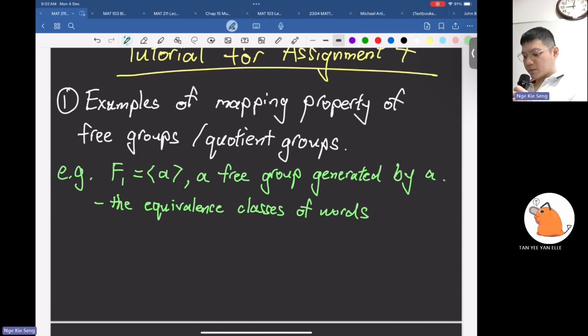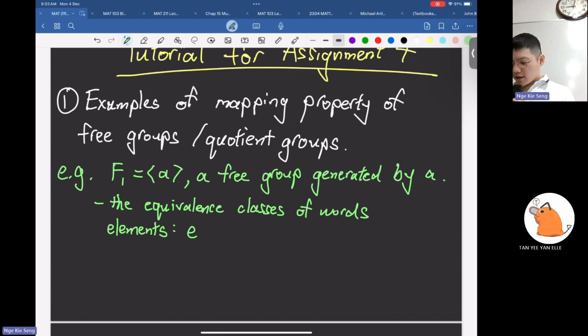Okay, what does this mean? What are the elements in here? Equivalent classes means they are sets. So the elements here are, for example, the identity.